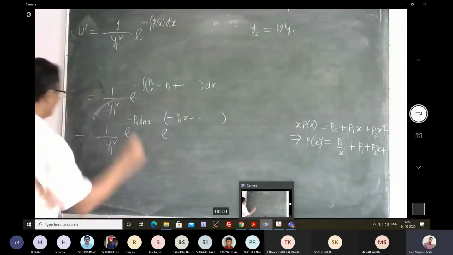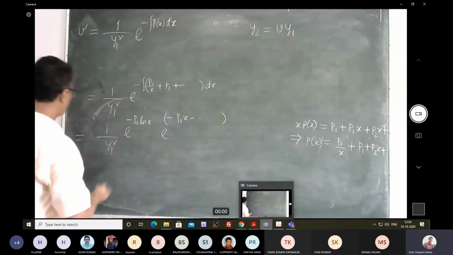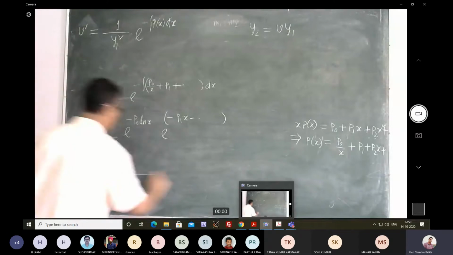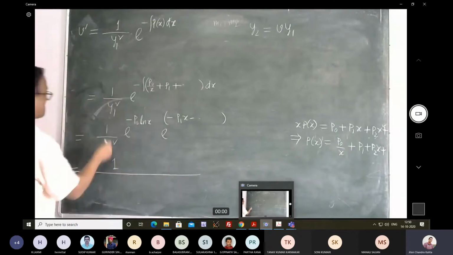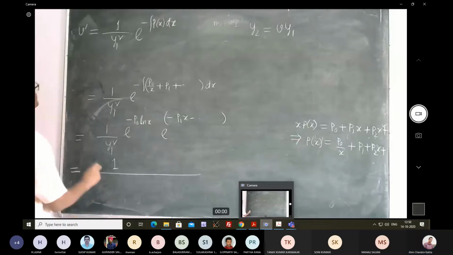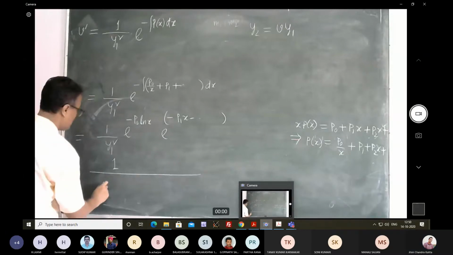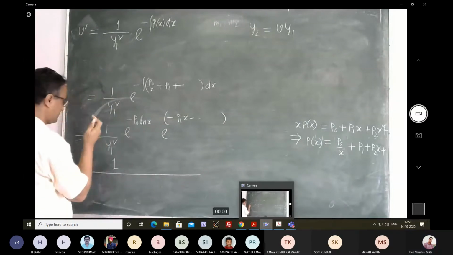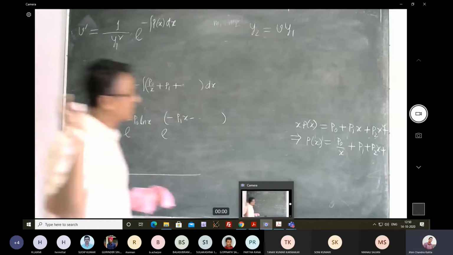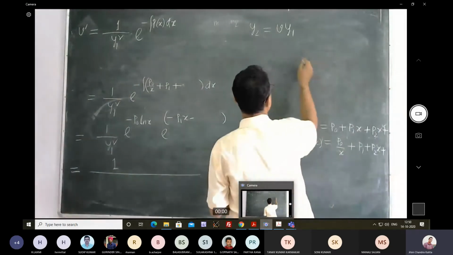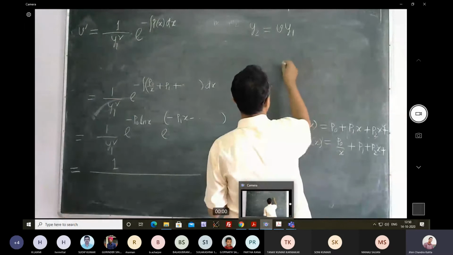Okay, so now let us look at this term. This is simply your y1 squared. Just a minute, let me again reiterate. See what I did.